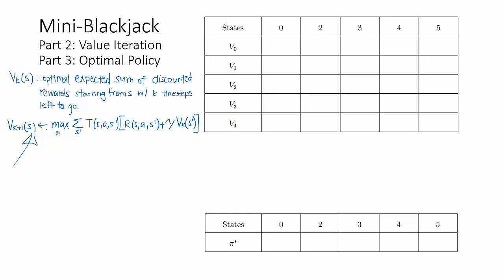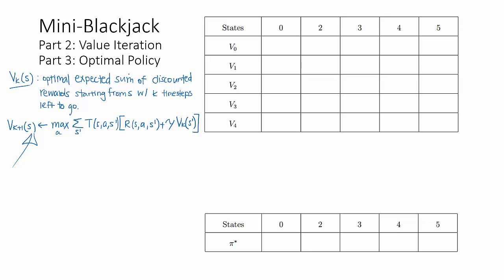For value iteration, we consider values of the form v sub k of s, and the meaning of this is, what's my optimal expected sum of discounted rewards, starting from state S and having k time steps left to move in the MDP. So in this problem, when we look at how to compute these v sub k values, for some examples, I'll work through an intuitive verbal approach, and for other examples, I'll work out the math behind the value iteration update.